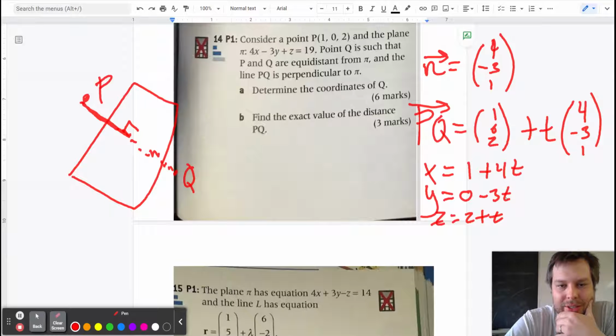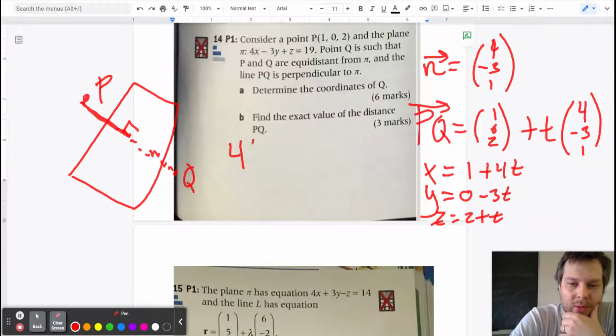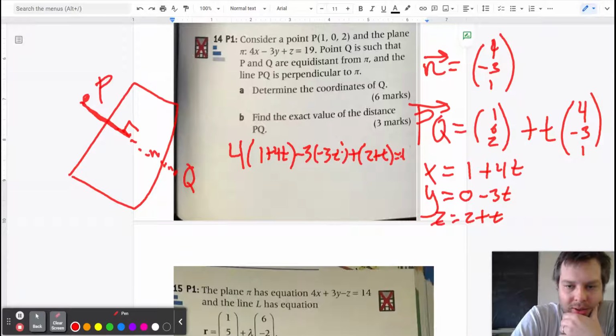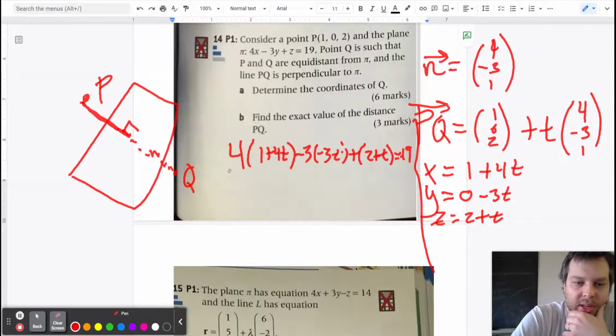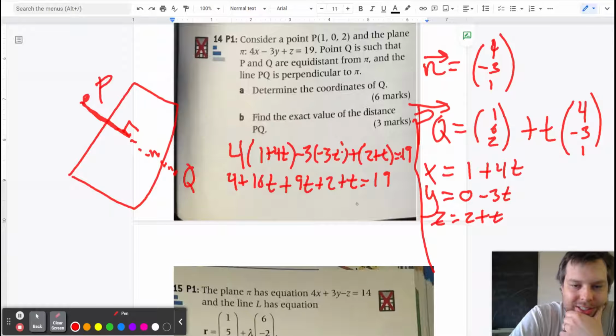And then I'm going to substitute those into the equation of pi. And so we have 4 times x, because I want to find the point of intersection, minus 3 times y plus z equals 19. Let's distribute everything out. So we have 4 plus 16t plus 9t plus 2 plus t equals 19.